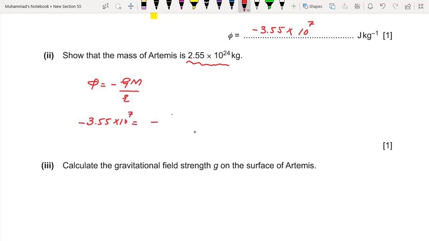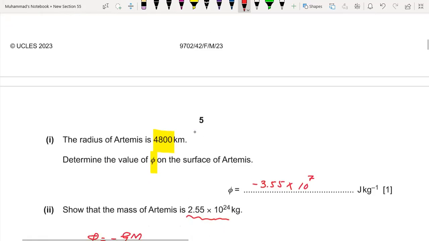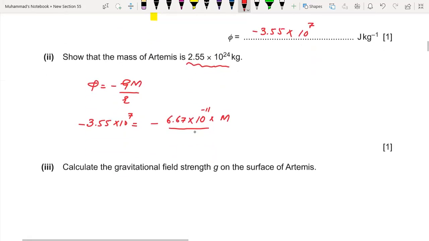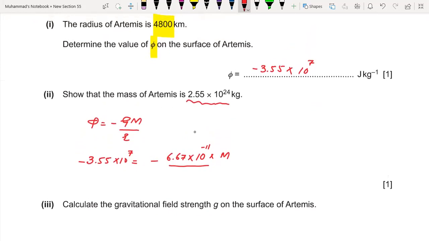The value of G is 6.67, you can see the value of G from the first page of this paper, times 10 power minus 11, times the mass we have to find, divided by the radius, and the radius of this planet is 4,800 kilometers. Be careful to convert this kilometer into meter.